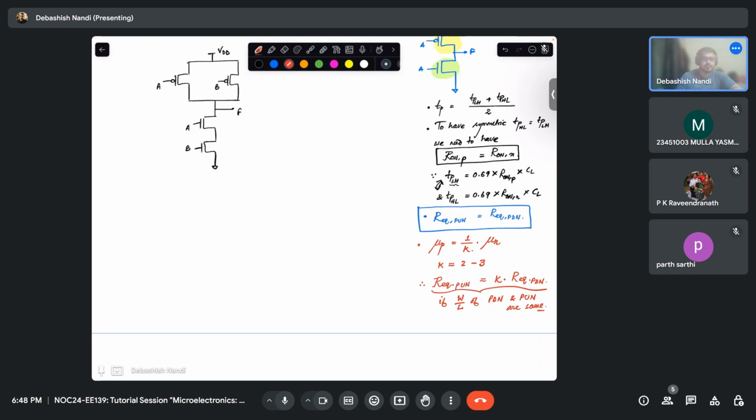Fine. Other way to say this is, if my mu P is equal to 1 over K times mu N, so my WP by LP has to be K times WN by LN to have R equivalent of PUN equal to R equivalent of PDN. Please tell me if you understand this statement or not.